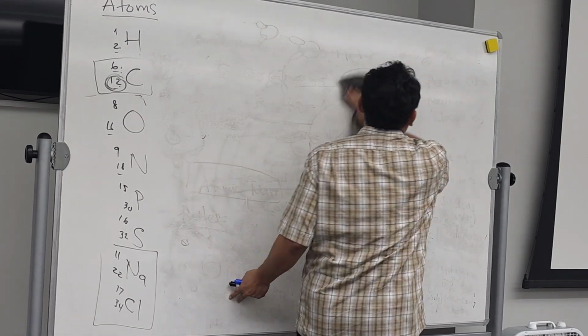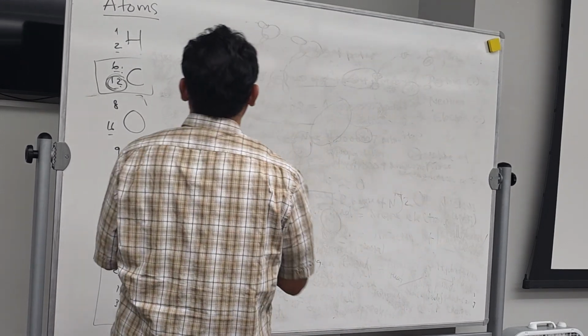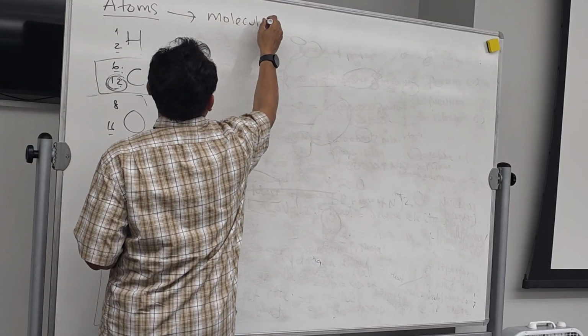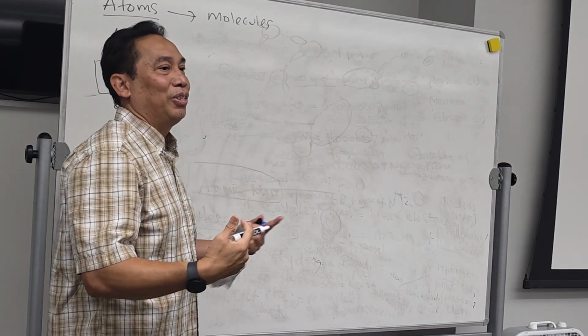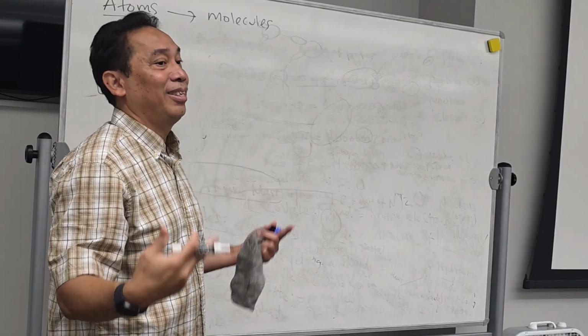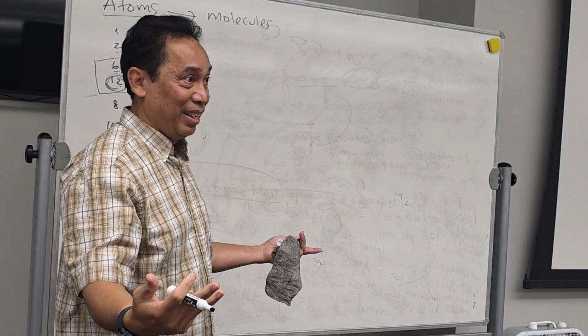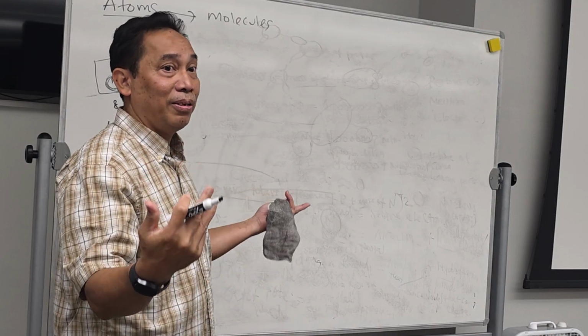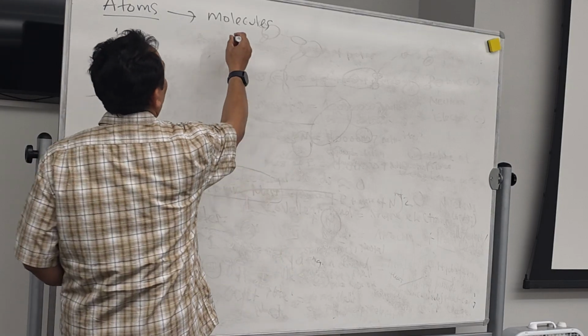Last time we mentioned there are two types of molecules, right? So atoms will combine into molecules. How do they combine? Using bonds. How many types of bond? Three types. Okay? Covalent, ionic, hydrogen. Now molecules, you have two types.